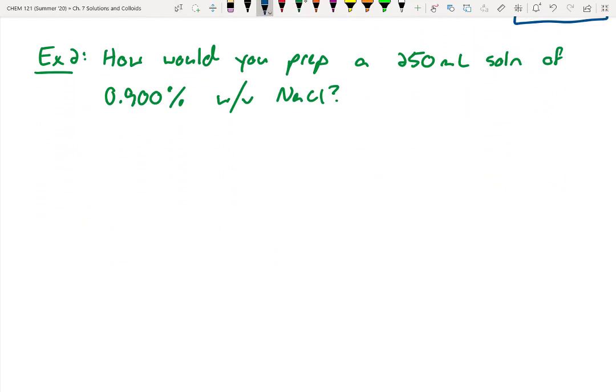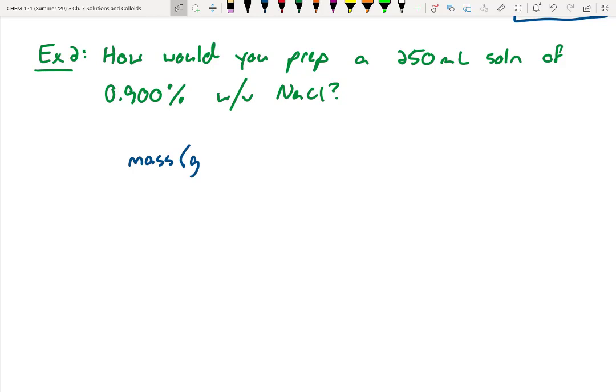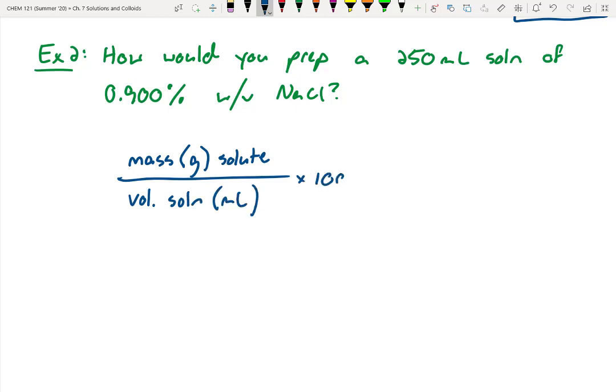We know we need to do weight to volume, so it's going to be the mass in grams of our solute, divided by the volume of solution in milliliters times 100.